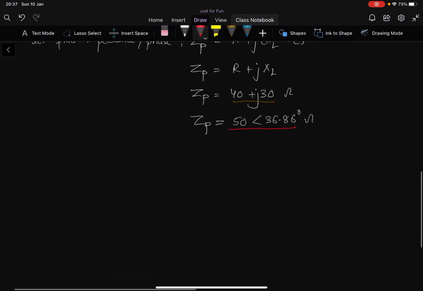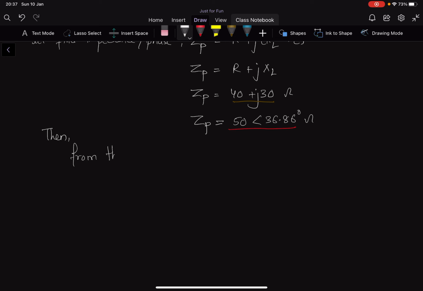Then we are going to find other parameters, basically voltage and current. So let's find the phase voltage.